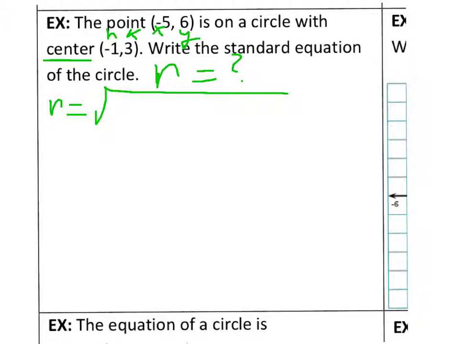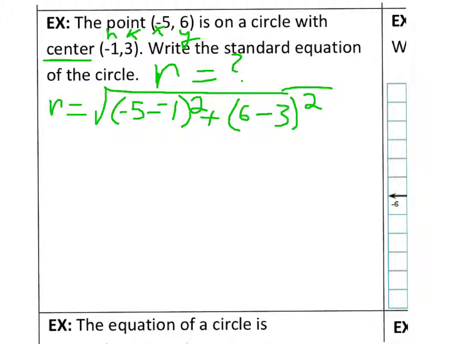So I just label my points, that's my center, my x and y. So we've got x minus h, so negative 5 minus a negative 1 squared plus y, which is 6, minus 3, and that thing's squared. This looks a lot like the distance formula, doesn't it?